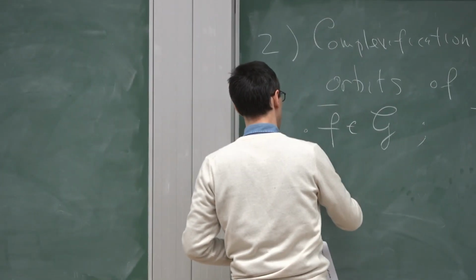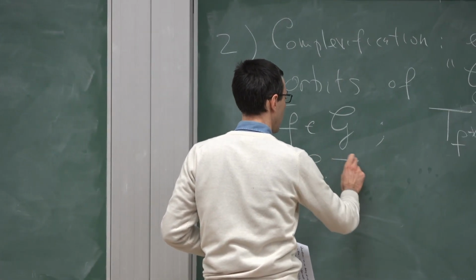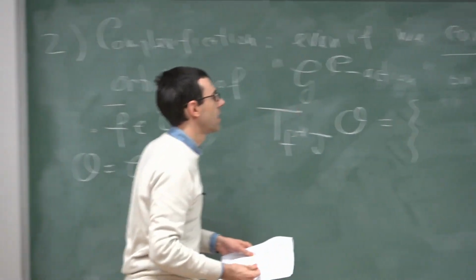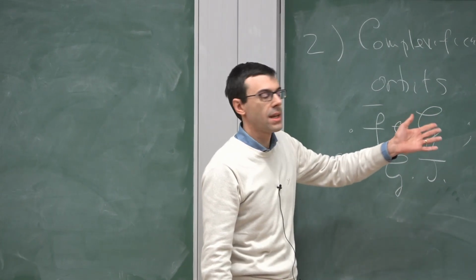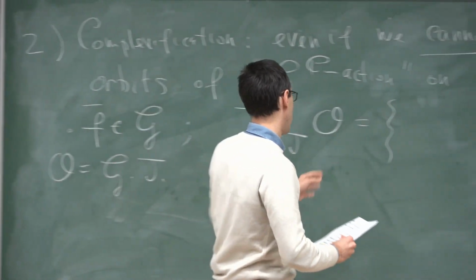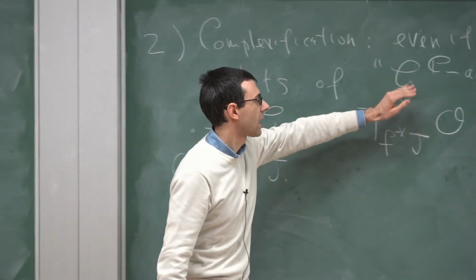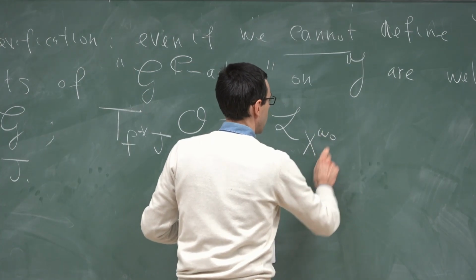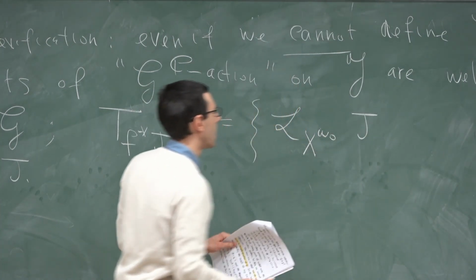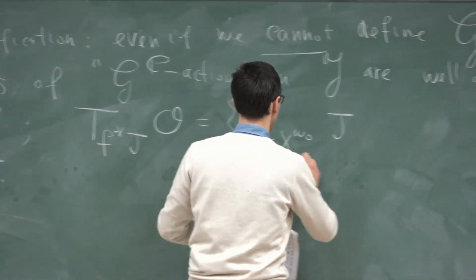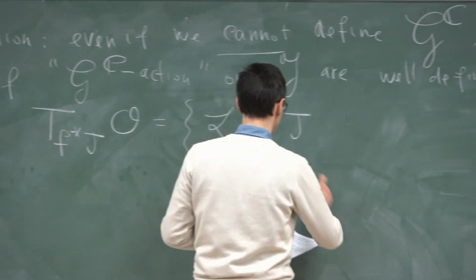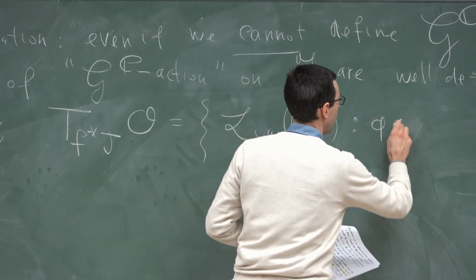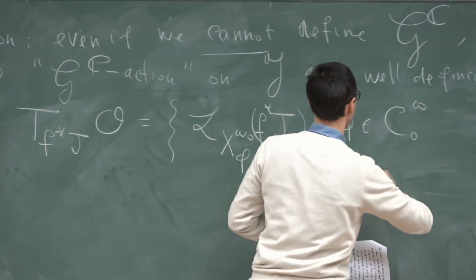Let me write O for G times j, its orbit. So this is just given by the first order variation of f star j along the action of G. So this will be just the derivative of j in the direction of the Hamiltonian vector field corresponding to phi, well, f star j. And this is as phi varies inside the Lie algebra of the group.